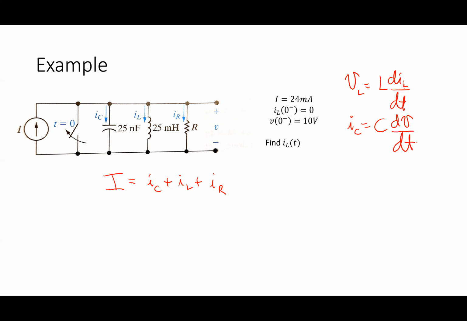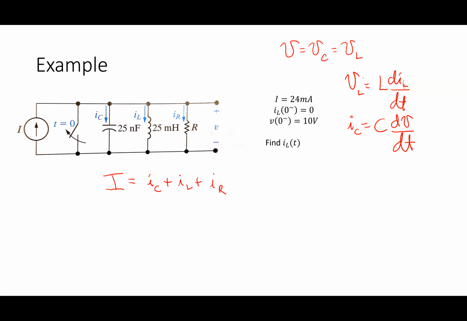And the thing I can see about this: the capacitor voltage and the inductor voltage are what in this case? They're the same since everything's in parallel. So that's all the same. That says that for the capacitor current, I have that in terms of the inductor voltage right off the bat, don't I?